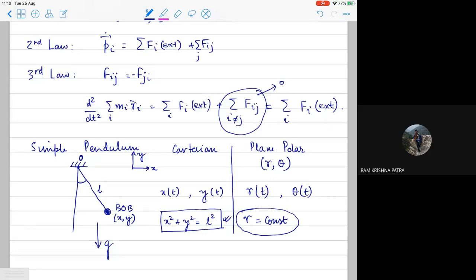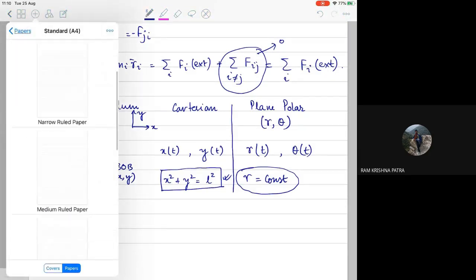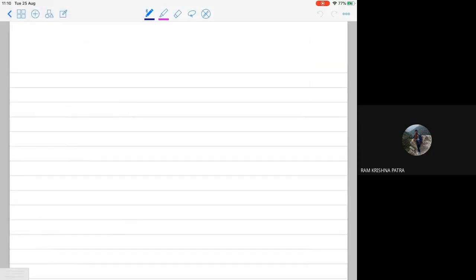Let's look at another example. So let's look at an example where I have the floor, which is at z is equal to 0, and you can just imagine that that's my coordinate system, x, y, z.